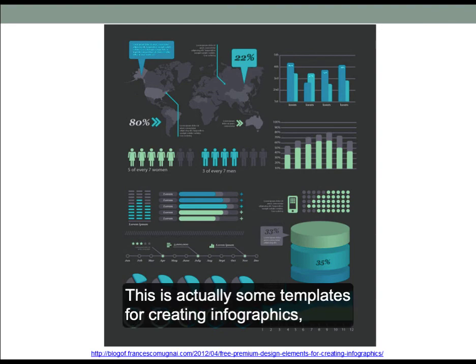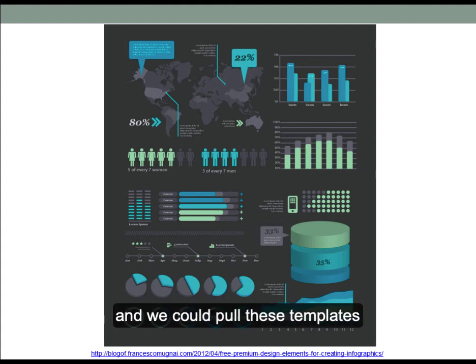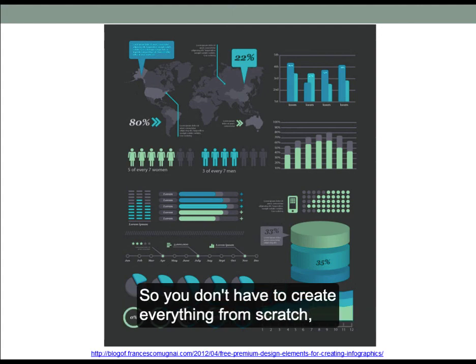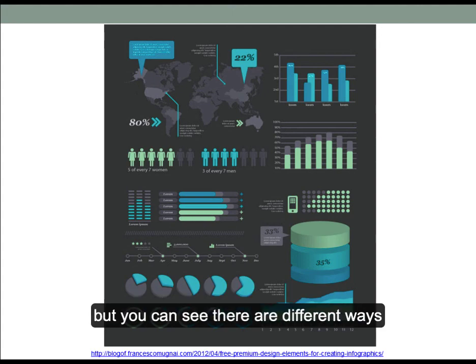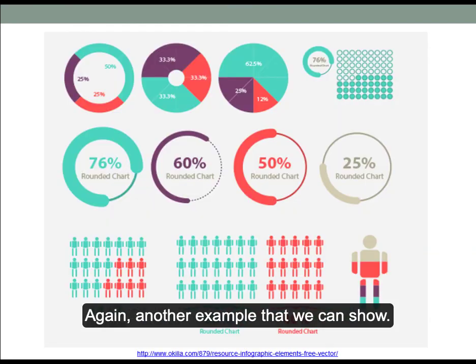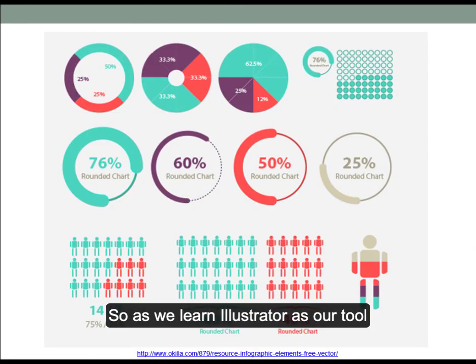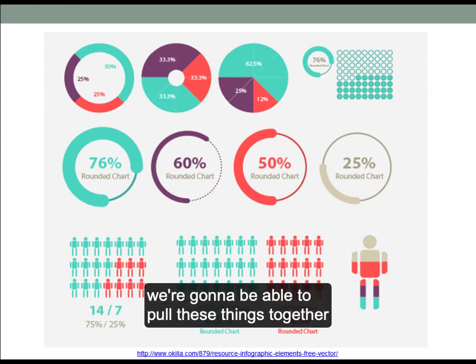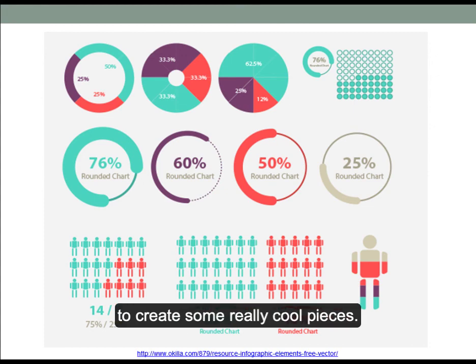These are templates for creating infographics, and we can pull these templates into Illustrator. We'll look at doing that down the road, so you don't have to create everything from scratch. You can see there are different ways that data is presented. Again, another example that we can show. As we learn Illustrator as our tool and understand information graphics, we're going to be able to pull these things together to create some really cool pieces.